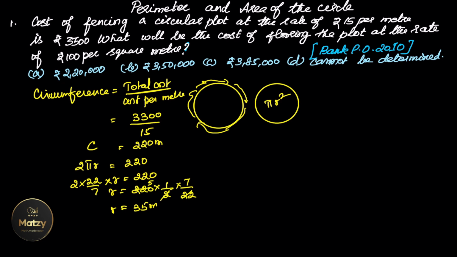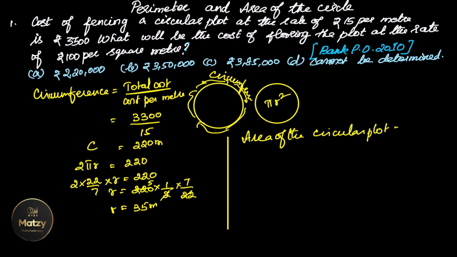Okay, this is the circumference. Now let us find the area of the plot. Area of the circular plot is equal to pi r square square units.